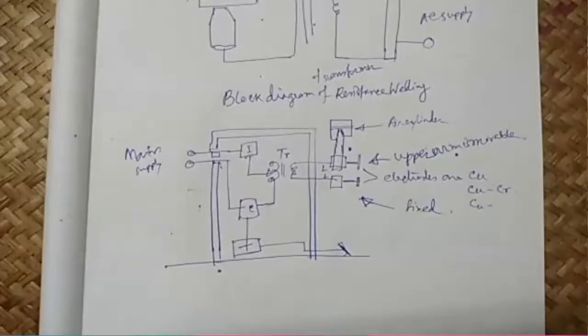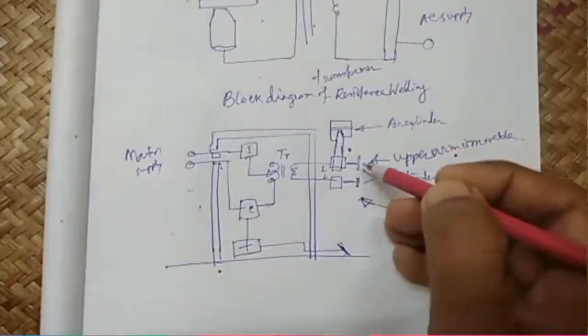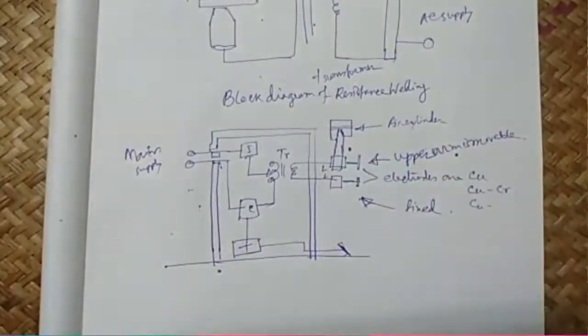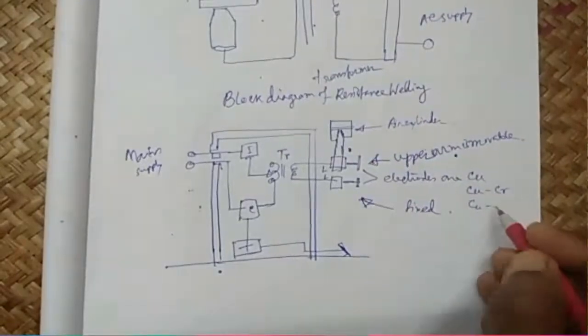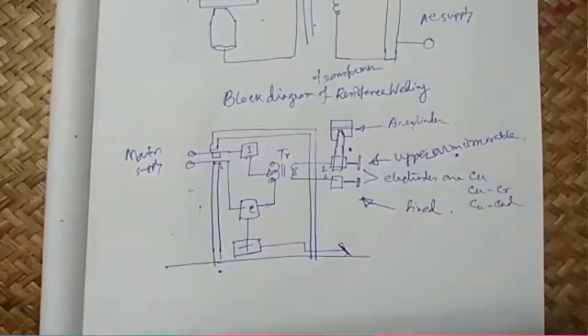If the compressed air pushes the cylinder, the piston, then this electrode goes down and presses the workpiece. Or copper cadmium.